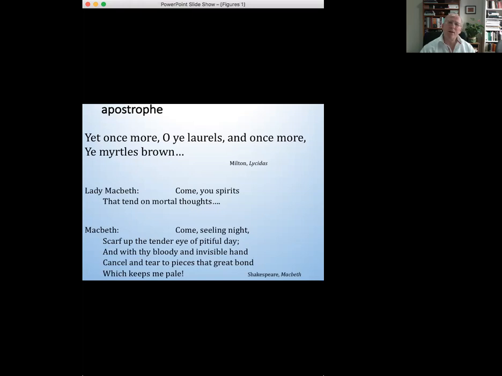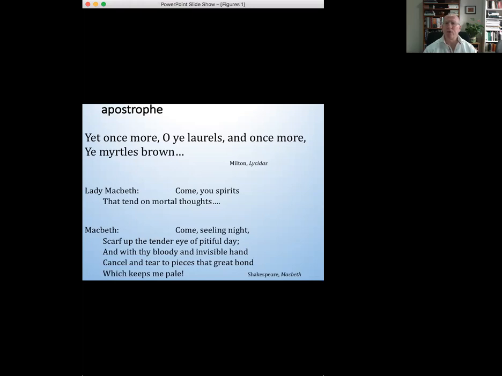But in Macbeth, which is full of apostrophes, I think the effect is very different. Lady Macbeth: Come, you spirits that tend on mortal thoughts, invoking the spirits to make her stern and tough and to enable her to participate in the killing of the king.